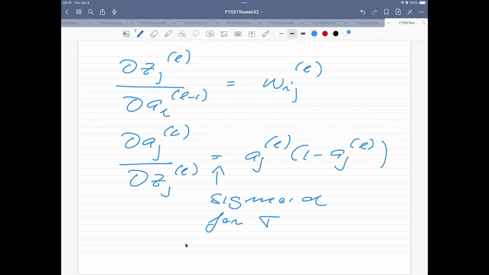So that's the derivative of the sigmoid function if we have that as an activation function. If you have other ones, you need to find them. And this is one of the quantities you need to hard code in project number 2.